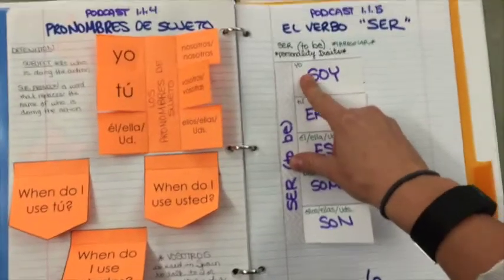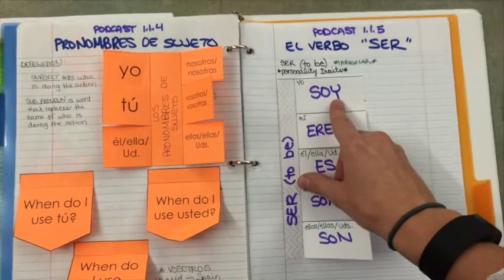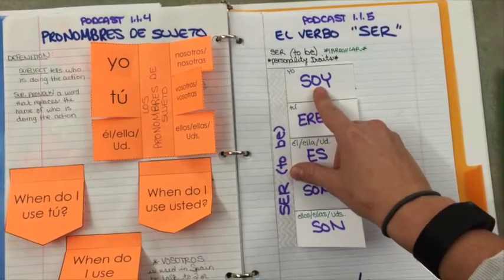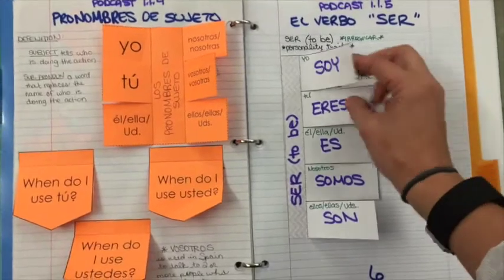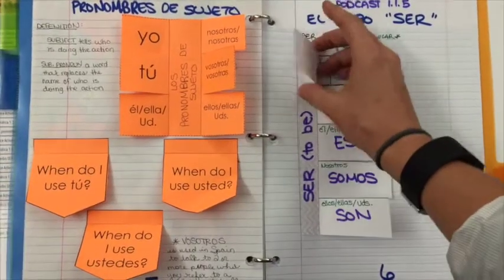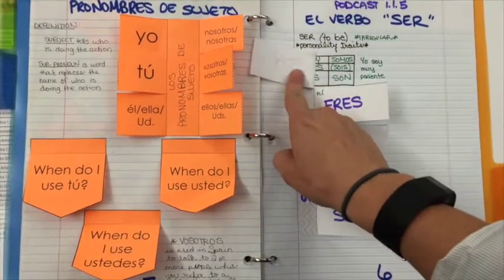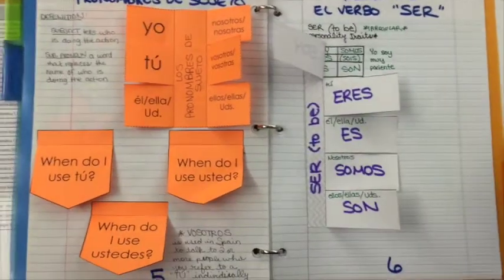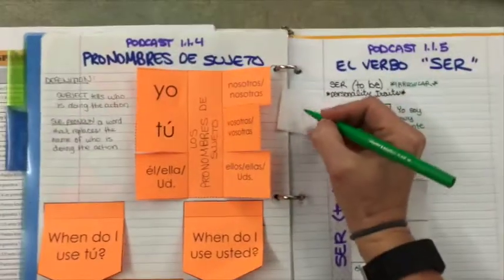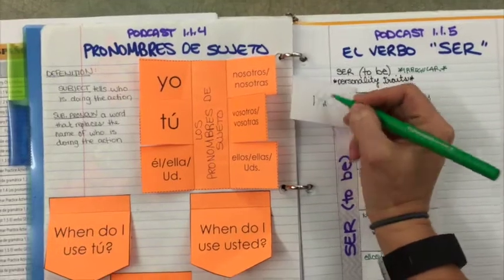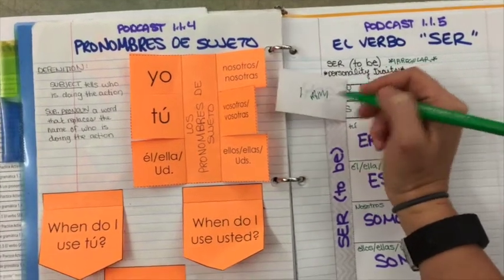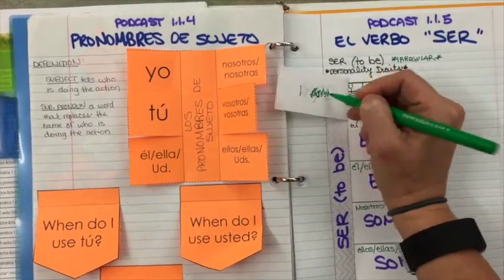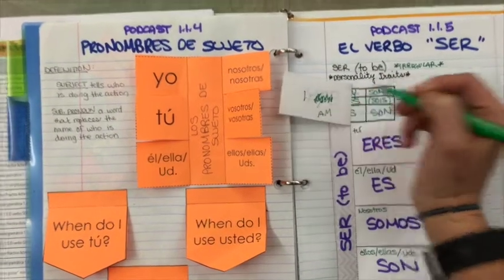So, first form we have is yo soy. Yo soy means I am. And then under the tab, if you want to write the English version, write it right here on the back. So this is what I mean. You would write, I am.